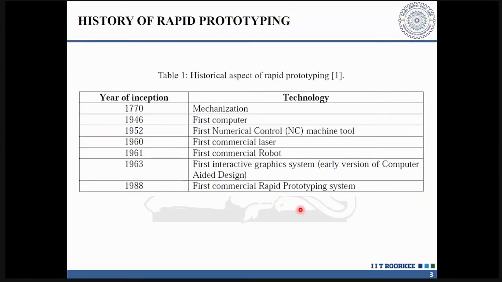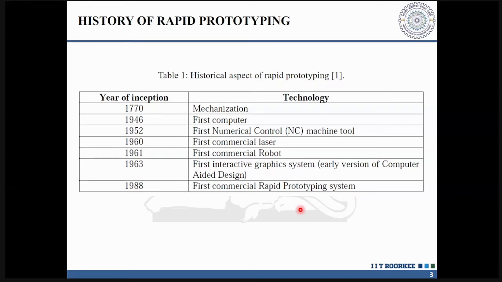Now, when we talk about all these techniques, it was not in a day or two that you started manufacturing your prototype. When we talk about additive manufacturing, it required a lot of inventions coming together on a single platform.